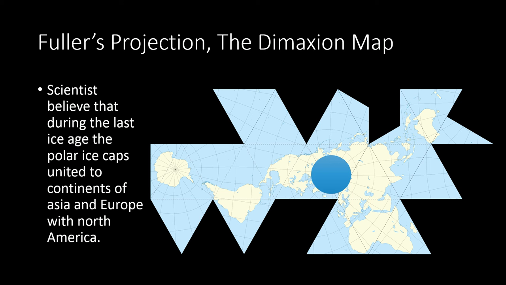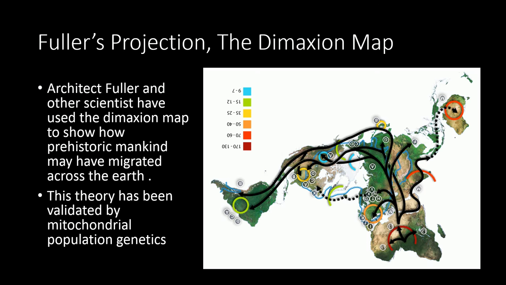All close together, and you could easily see human populations being able to migrate in that fashion. As a matter of fact, one of Fuller's thoughts, and one of other scientists' thoughts, is, hey, this is how everything started, in Africa, and then moved across the face of the earth.